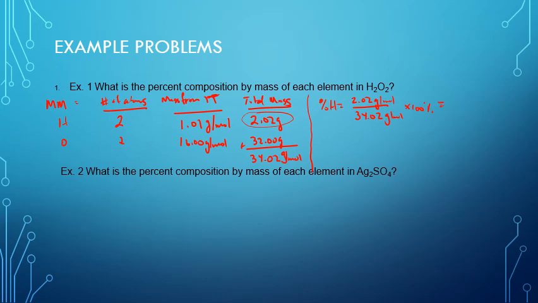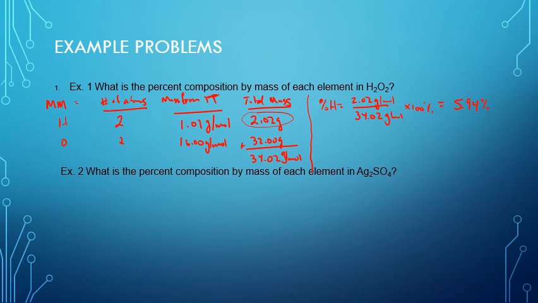In these types of problems, because there are no numbers given, we can't really have any sig figs, so just round to the hundredths place. So for this first one, we would have 5.94%.